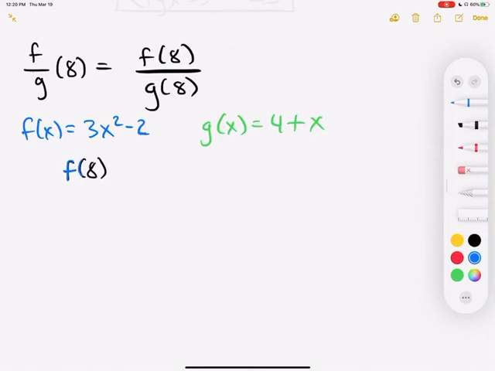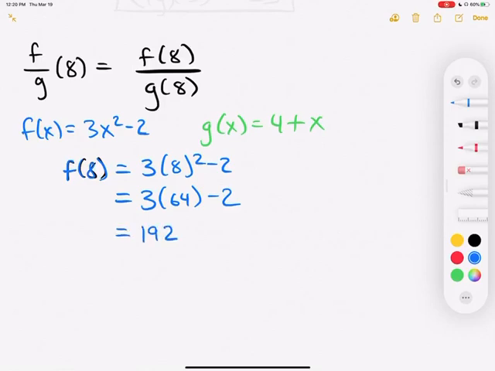So what is f of 8? I have to substitute 8 into the f of x function and do PEMDAS to this. So if I do the exponents, that's going to be 64. And then the next thing that I have to do is the multiplication, which is going to be 192. 64 times 3 minus 2.